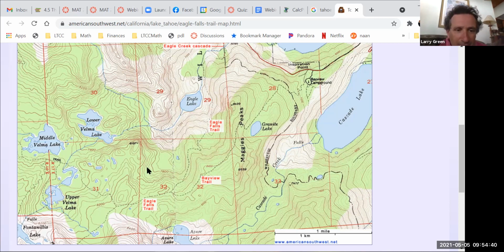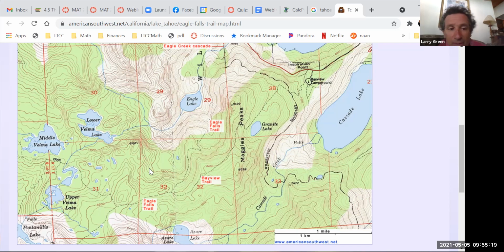If you're over here somewhere and you want to say what's the steepest possible climb direction, how do you know what the steepest possible direction is to climb from the point that we're looking at, from looking at this contour diagram or topo map? So what's the steepest?